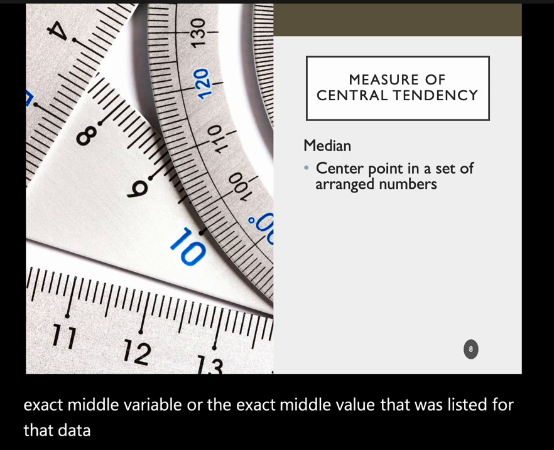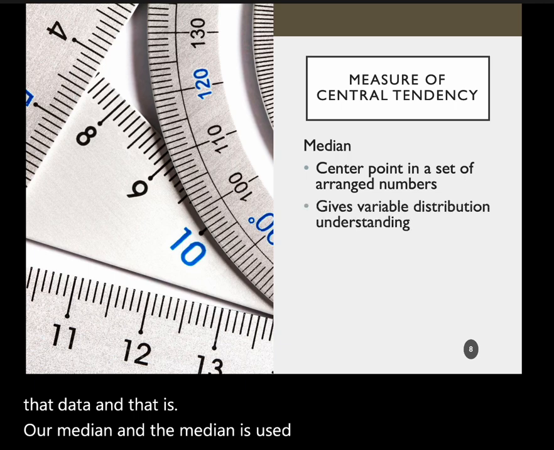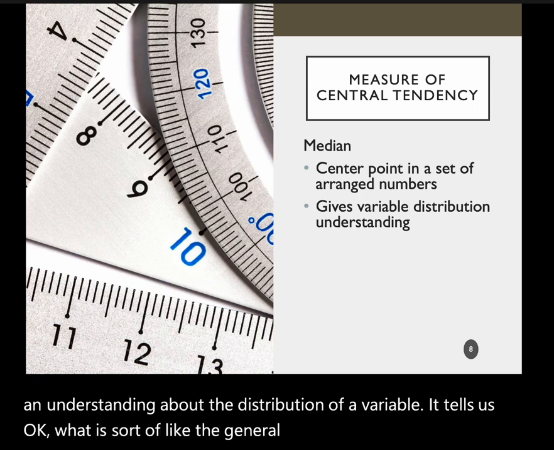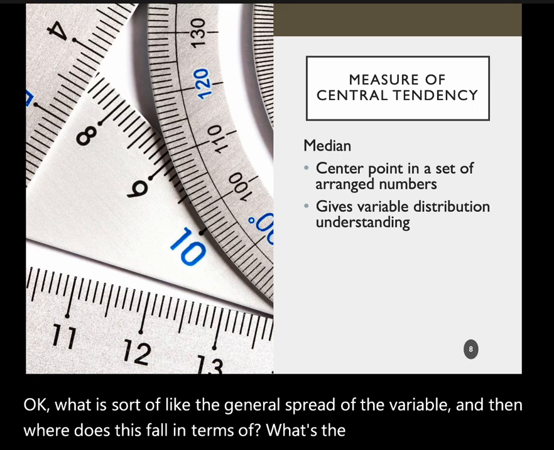And that is our median. The median is useful in statistics because it gives an understanding about the distribution of a variable. It tells us what is sort of the general spread of the variable, and where the actual middle point of it falls.